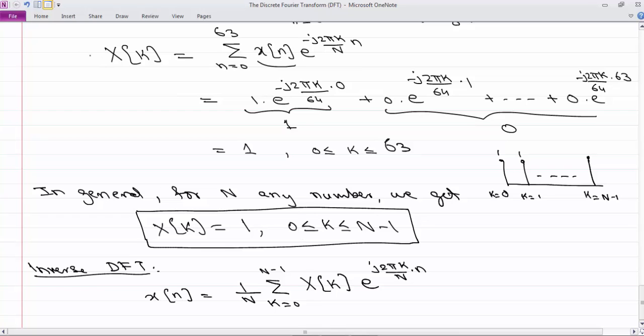By the way, if you notice the DFT formula and the inverse DFT formula, you will realize that the main difference is that there is a factor of 1 over N in the inverse DFT. Other than that, they are pretty similar, except that if the complex exponential here has the negative sign, then the other one has the positive sign.